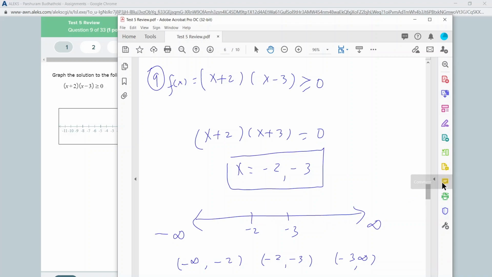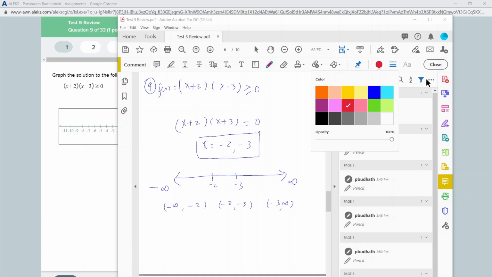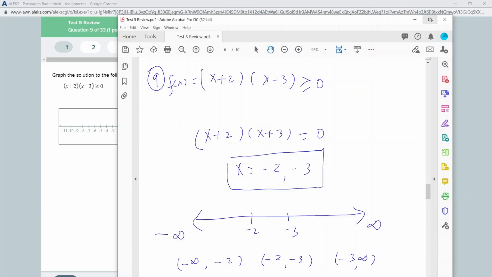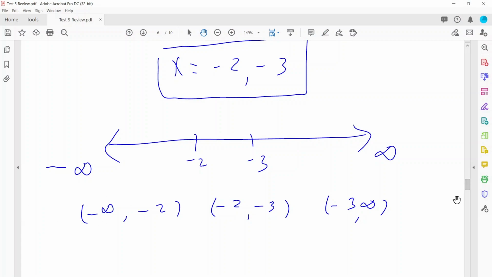So for that we need to pick some testing point from the intervals we found. For the testing point, you can choose any point as you like from these intervals. So I'm going to choose from here, let's say -3. It's easy to choose. Here it's let's say -2.5, because it's in between -2 and -3.